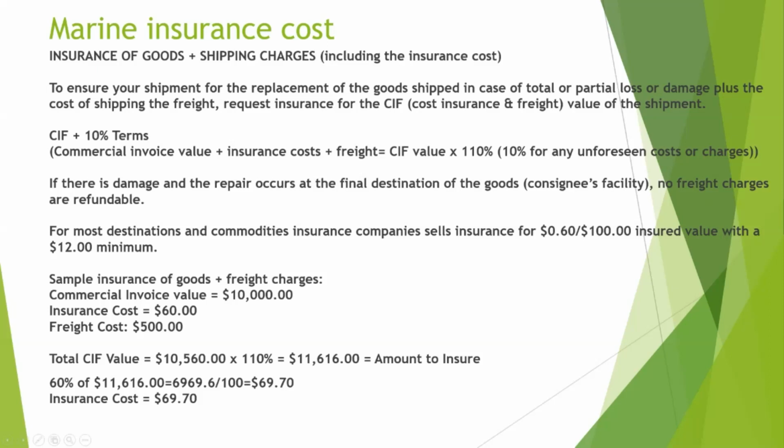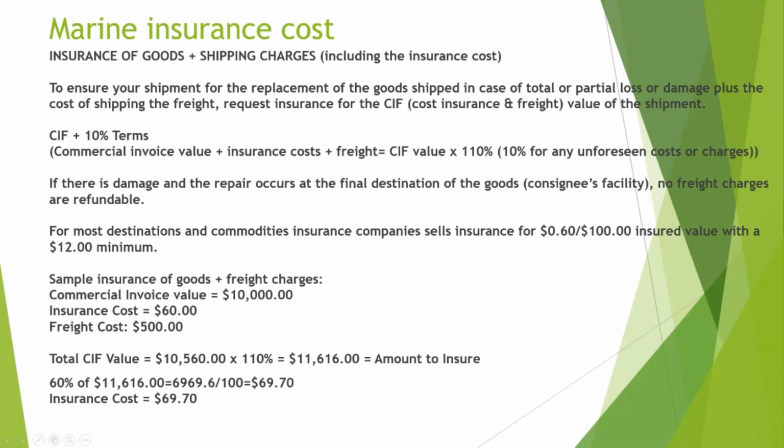This is the norm. And if there is damage and the repair occurs at the final destination, at the consignee's facility, no freight charges are refundable. For most destinations and commodities, insurance companies sell insurance for almost 60 cents per 100.